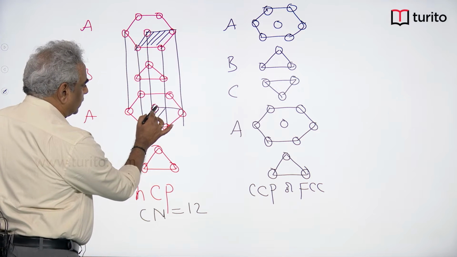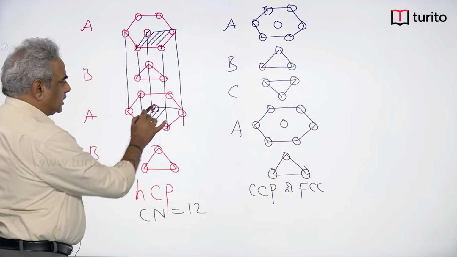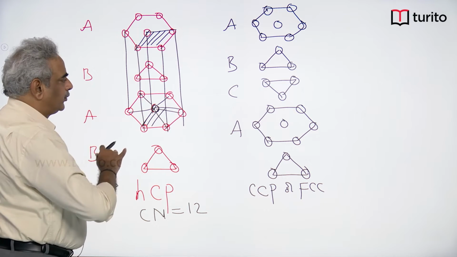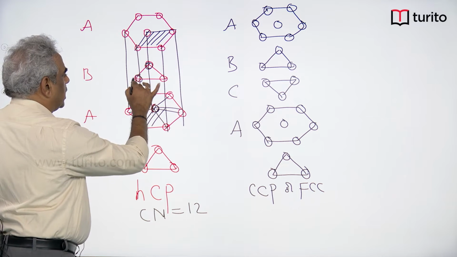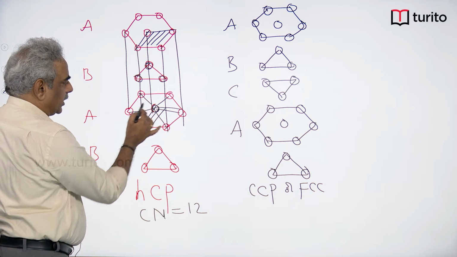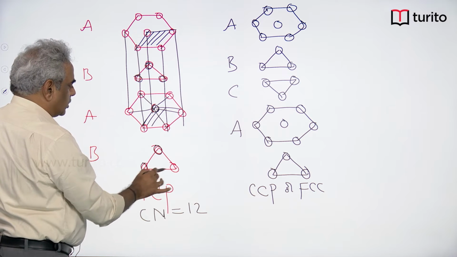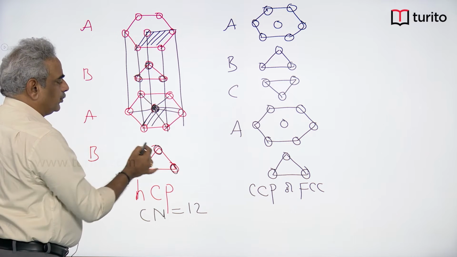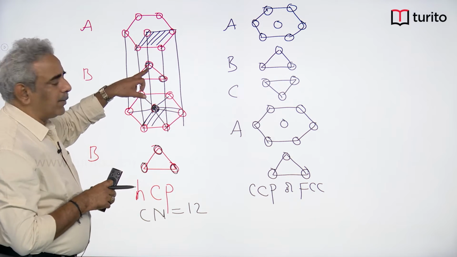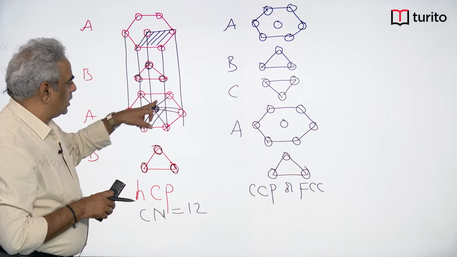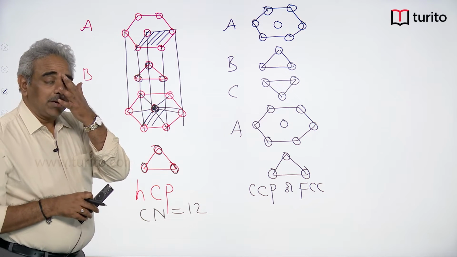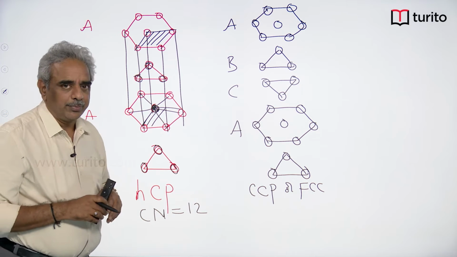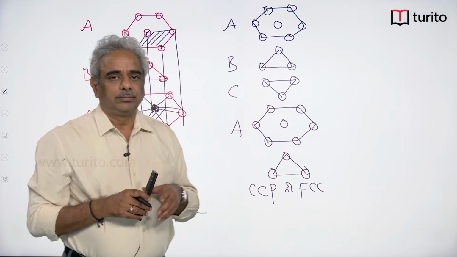If you select this sphere, it is surrounded by 6 in its own layer, and 3 are present on the layer above. These 3 are also on the layer below. In a way this sphere is sandwiched between these two. So 3 in the above layer, 3 in the below layer, 6 within the layer, put together there are 12 spheres with which this sphere is in contact. So, the coordination number is 12.